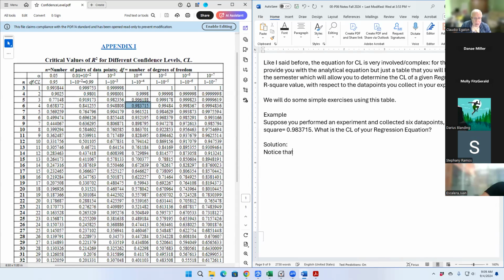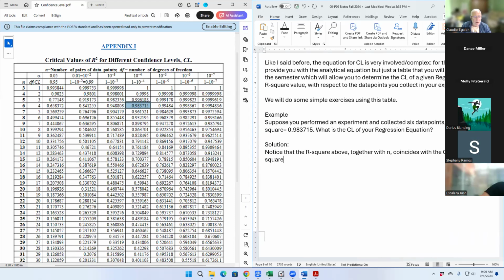Note that the R square above, together with N, coincides with the critical value of R square. In real life, this hardly happens.